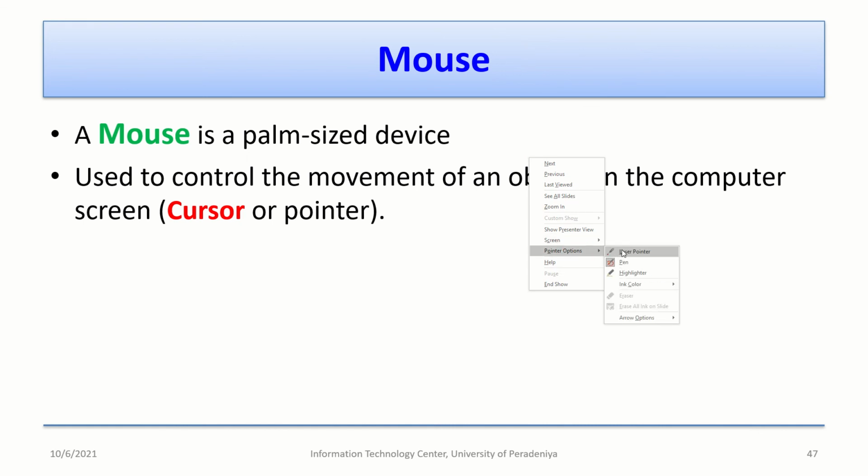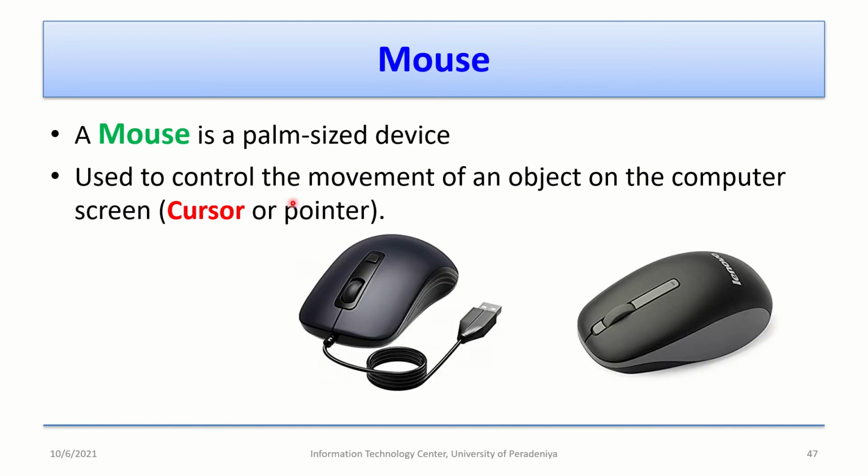So here we use the mouse as a pointing device. I can point to a particular location of the screen with a cursor or a pointer. I'm not going to explain much more: there is a left mouse button, a right mouse button, and a scroller.